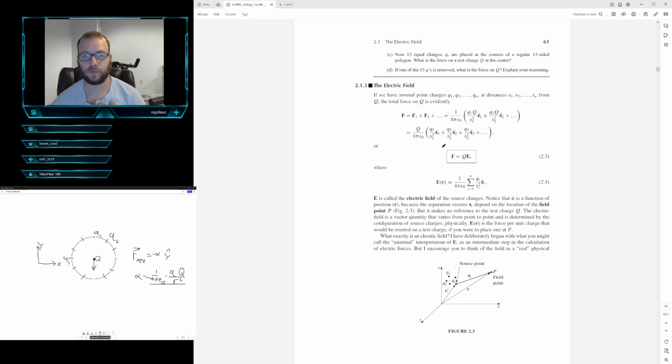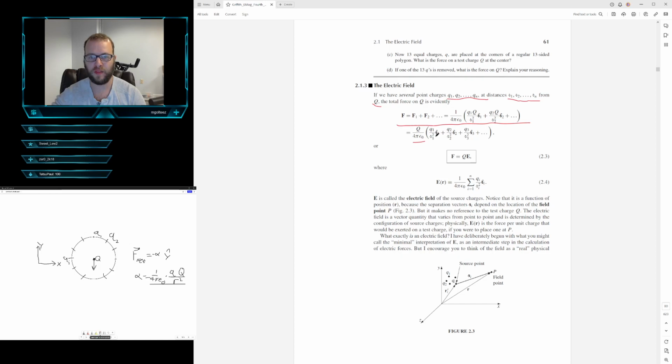So, like we said before, if we have several point charges, all at different distances from Q, the total force is given here. Well, let's see. They all have this factor of Q times 1 over 4 pi epsilon naught, so we can pull that out.